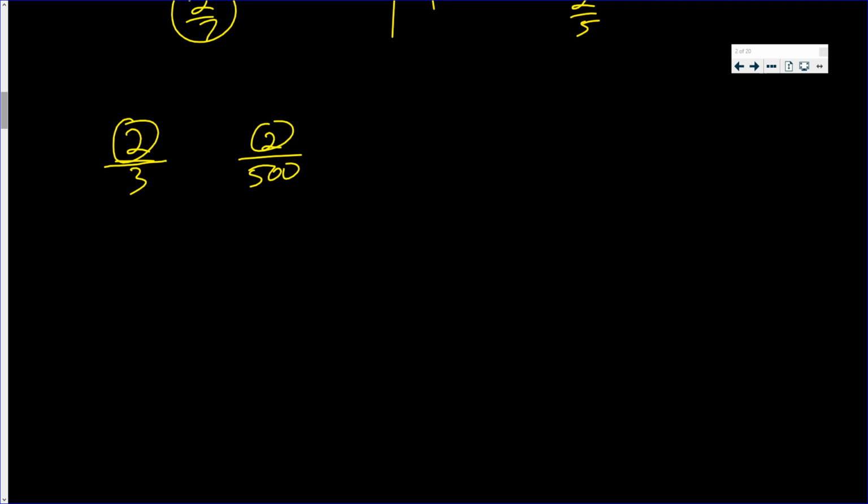Not such a bad grade. This person only got 2 out of 500. Clearly, 2 out of 500 is not as good as 2 over 3. So that's why we say that 2/3 is greater than 2 500ths.